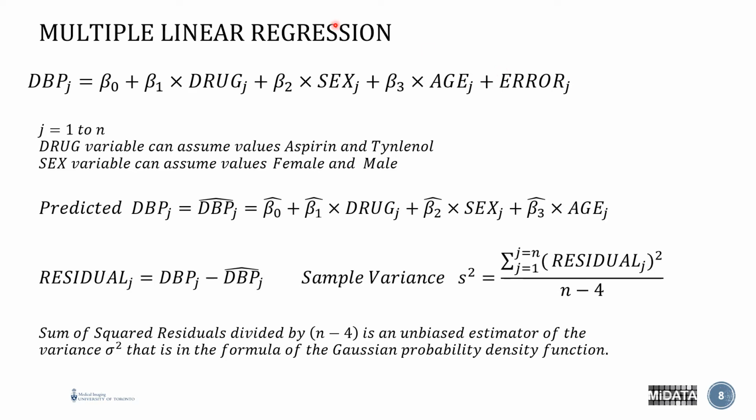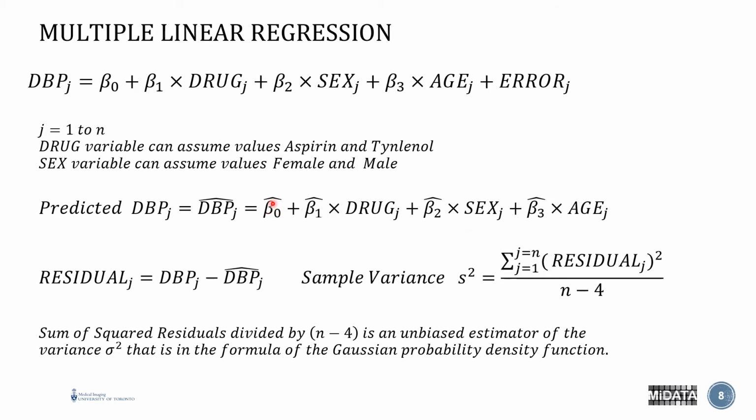But interestingly, if you change how you write this out, if you say that what you show on the left side of the equal sign is actually the predicted value, so not what you've observed, but what you've predicted, and you put a little hat on it to say this is a prediction, then on the right side of the equation are the estimates of your predictors.